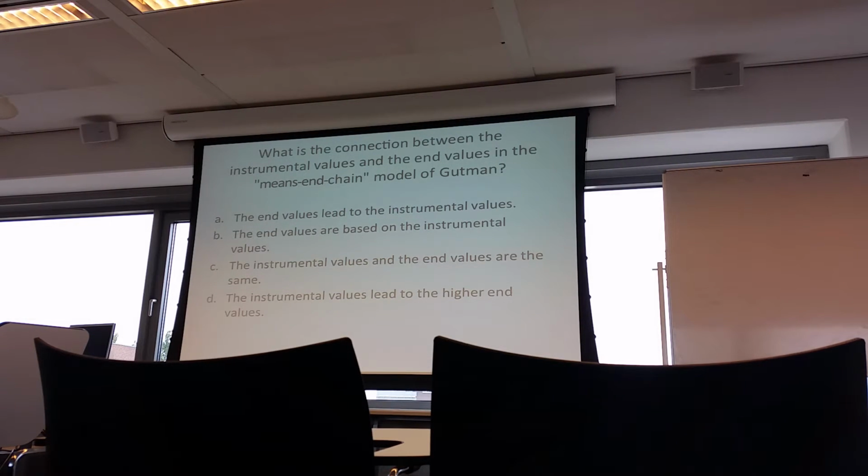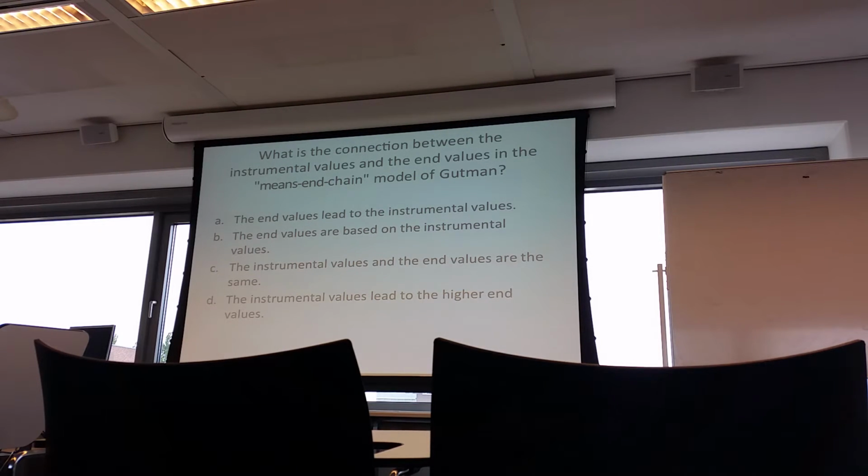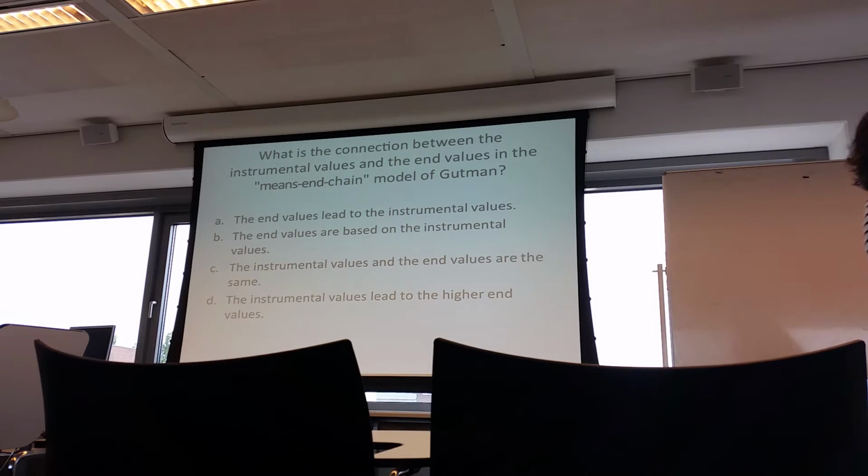So this question shows that you have to learn this model of Goodman by heart, because then you know where are the instrumental values, where are the end values. So anybody who knows the answer already? D? Does everybody agree? Or is there somebody who thinks it's another answer? No, we all agree.